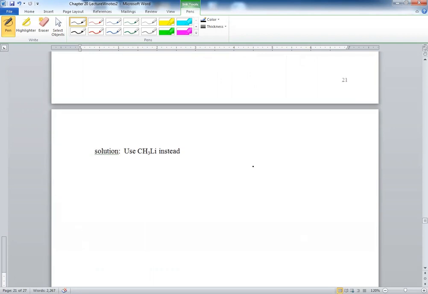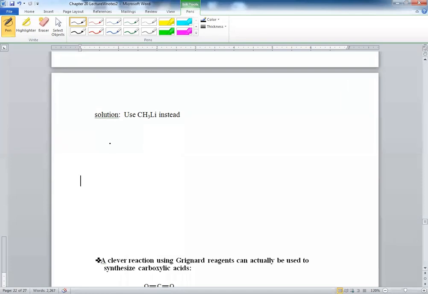However, if you do react a carboxylic acid, and let's draw the carboxylic acid, with the organolithium reagent, in this case methyl lithium, you can get a ketone.